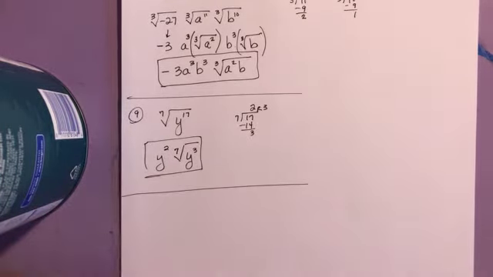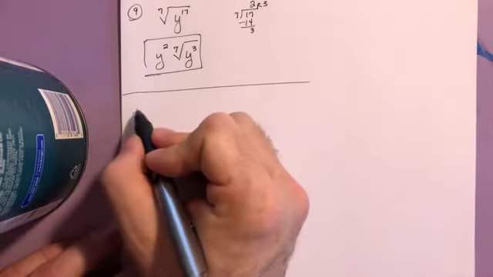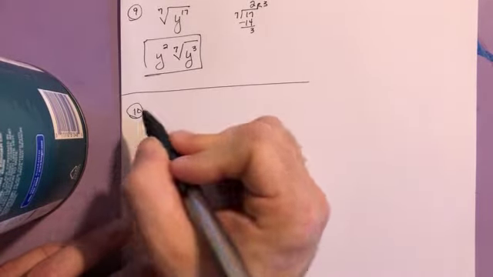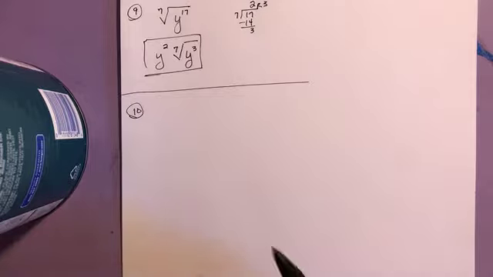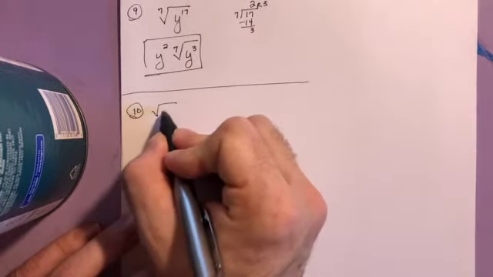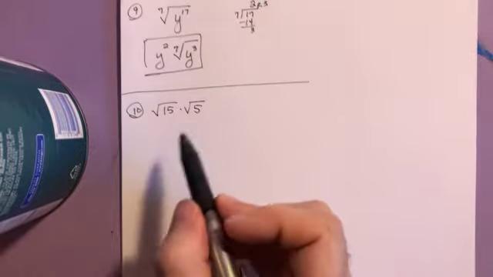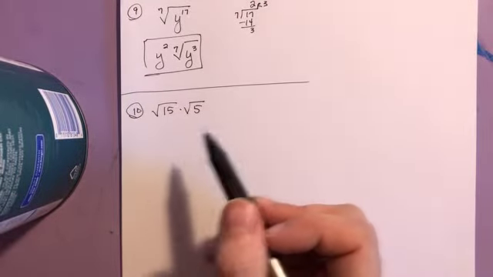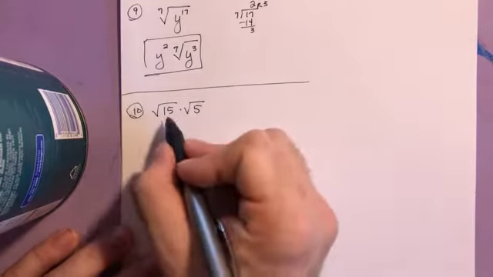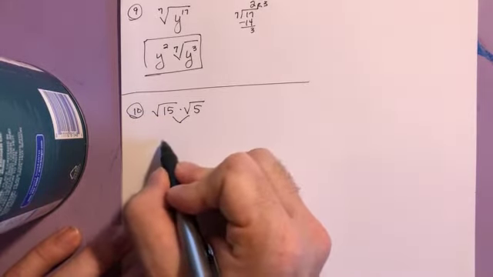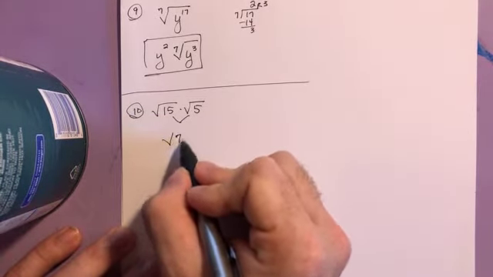Number 10 asks you to multiply them and then break them back apart in the right way. So what somebody did, like with this one, they said square root of 15 times square root of 5. And you're like, no, see, neither of these are perfect squares, so I can't simplify this. So you're going to multiply them back together and get square root of 75.